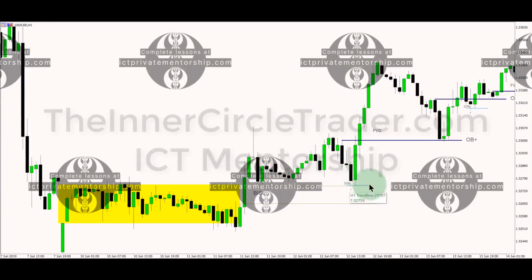Now you don't see it because I have all the lipstick on it, so I'm going to take this off for a second. So there's that wick. So if we can think about where this wick's midpoint, or the consequent encroachment of that gap, because it's created a gap from where it's closed and where its low is.